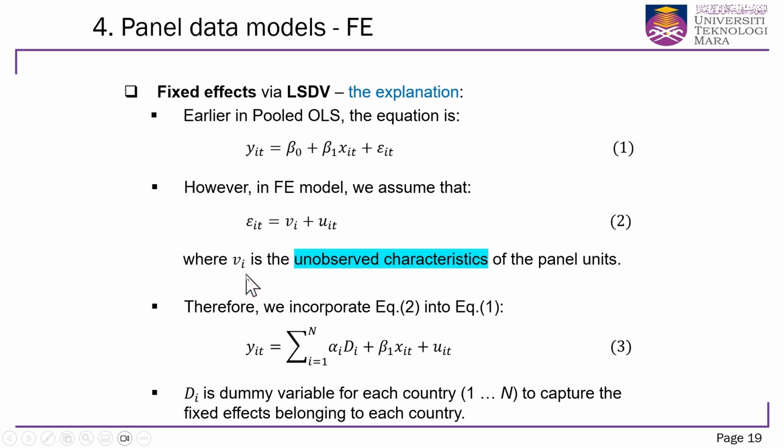And this v_i is reflecting the unobserved characteristic of the panel units. Then we incorporate equation 2 into equation 1 by creating a dummy variable for each country. Then we estimate OLS for this model.